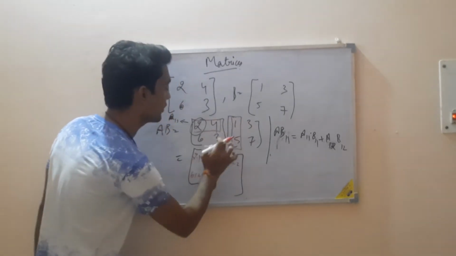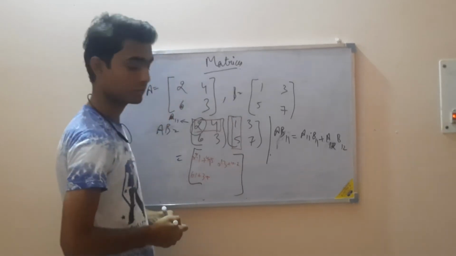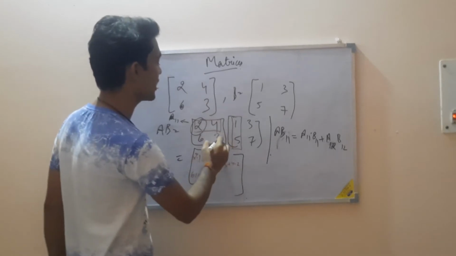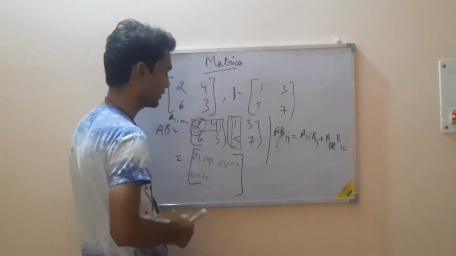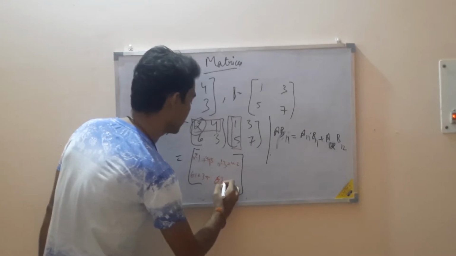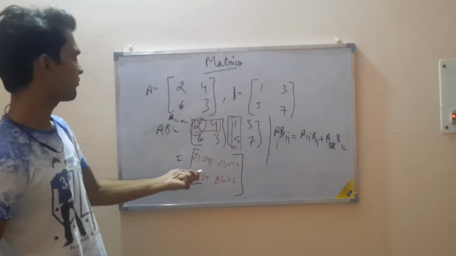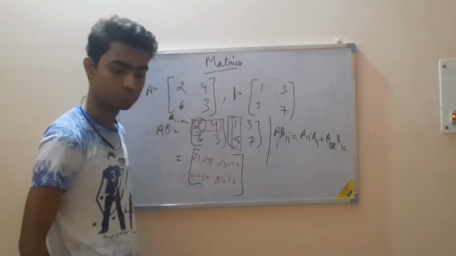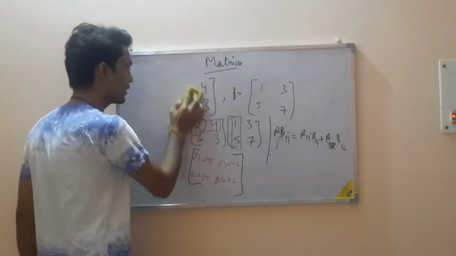And for the last position we again multiply this row with this column, so it will be 6 into 3 plus 3 into 7. It's normal calculation now. If you still don't get it, no worry, I will show you another example also.